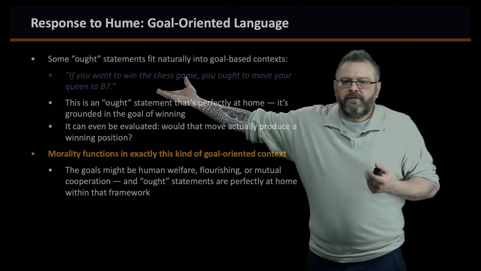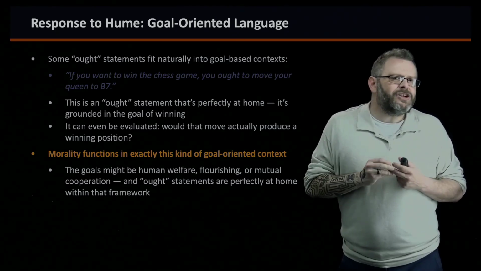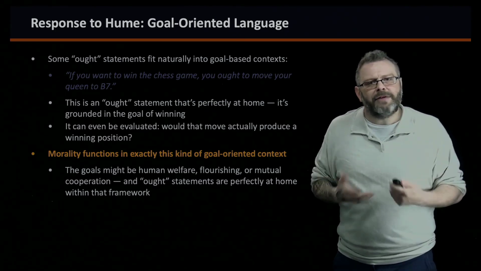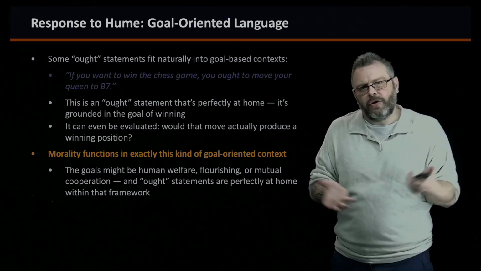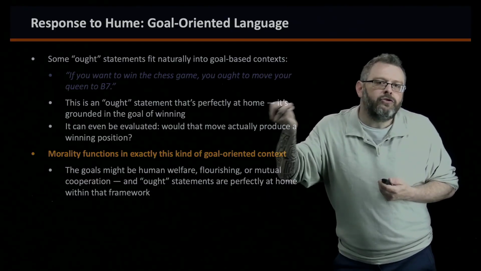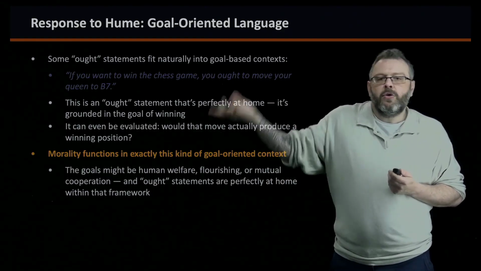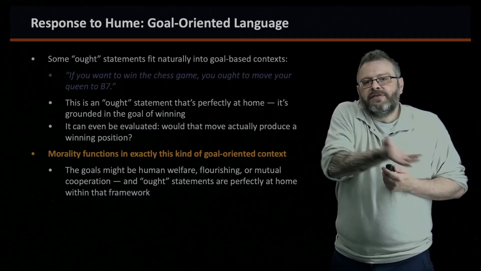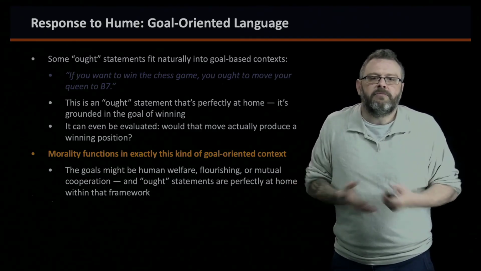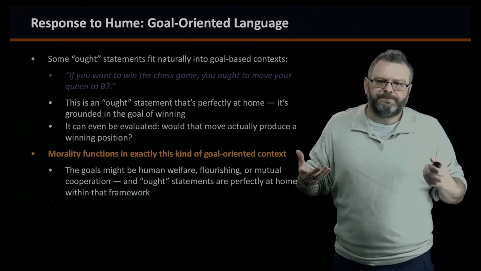If this is a goal you have, here's something you ought to do. And it certainly seems like morality might fall within that picture of goal-oriented language. If you want to benefit humanity, if you want to increase human welfare or decrease human suffering, these are the things you ought to do. So maybe morality is this kind of goal-oriented language.